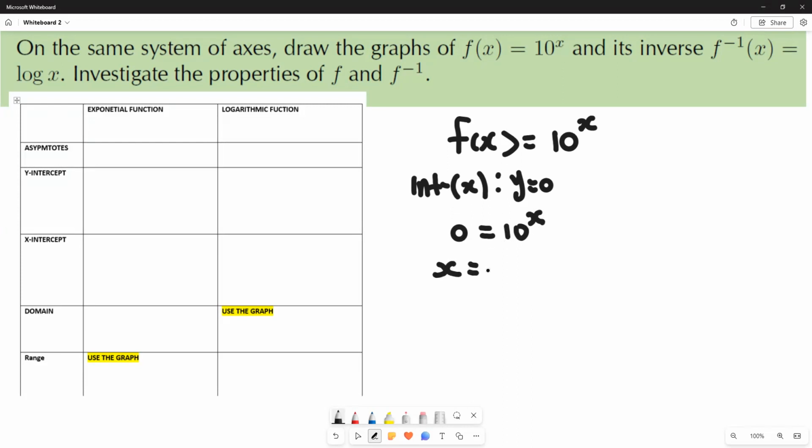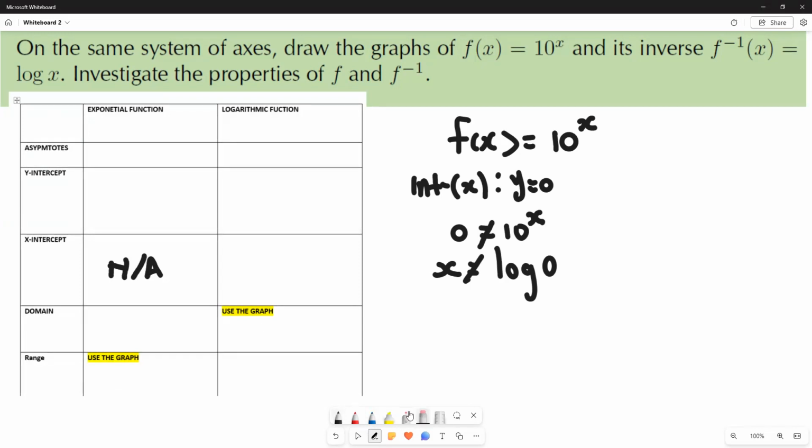Now, x equals log 0, which is not true. Log 0 does not exist. If you were to press log 0 on your calculator, it's going to give you a math error, basically. Right. Perfect. So x-intercept, no solution. You're just going to say NA or no solution in full.